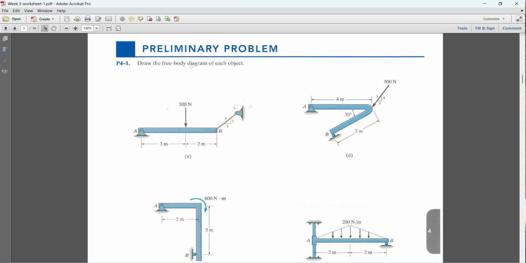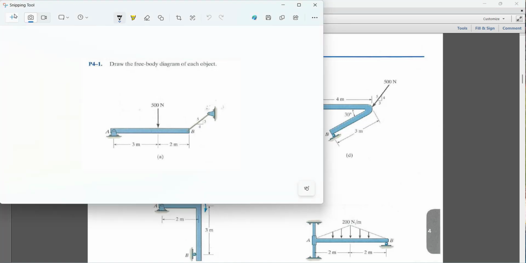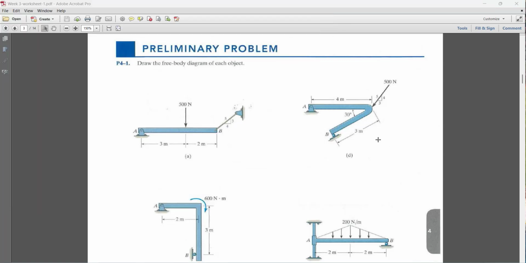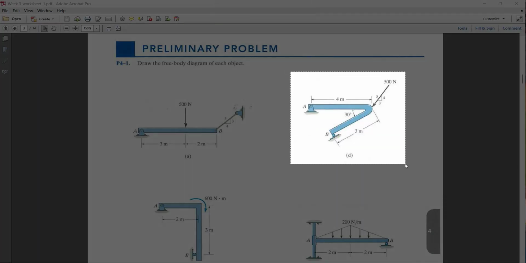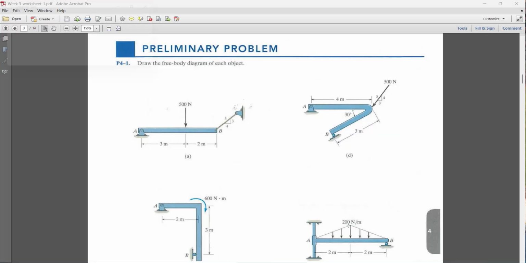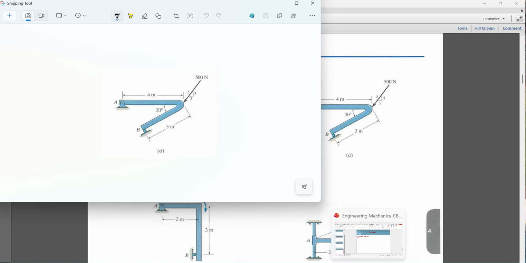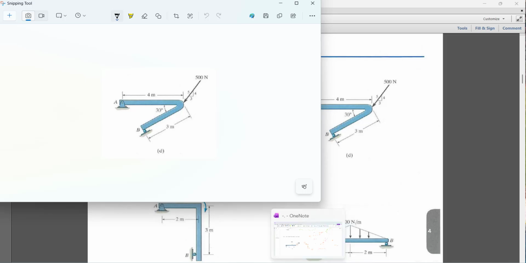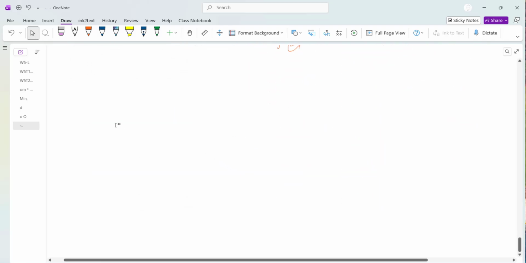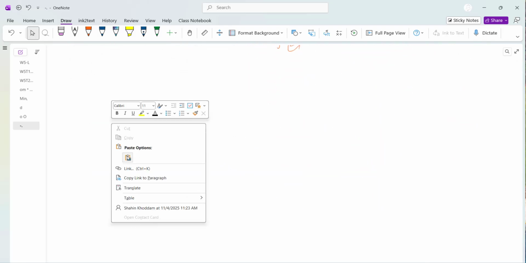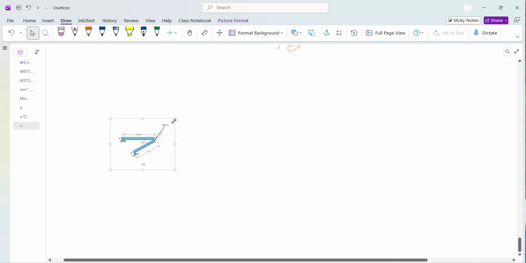That is preliminary problem 4-1, section D. And again, the intention is we want to generate the free body diagram, not to solve it. Later on, we learn how to apply the equilibrium condition to solve the free body diagram. At this stage, we are just trying to understand the free body diagram.